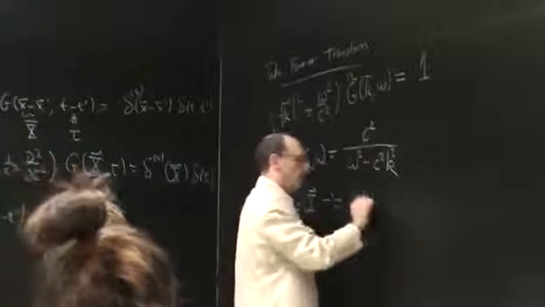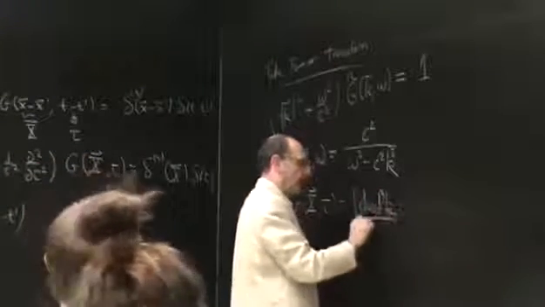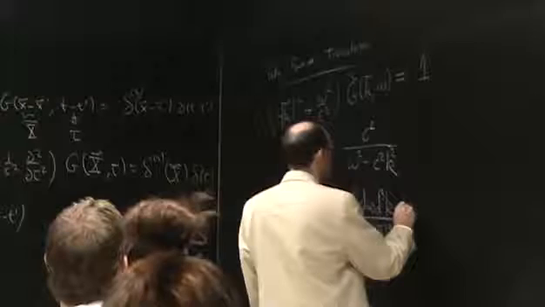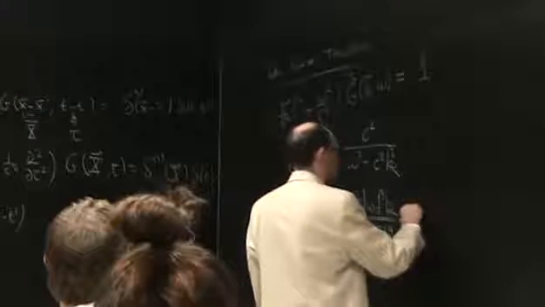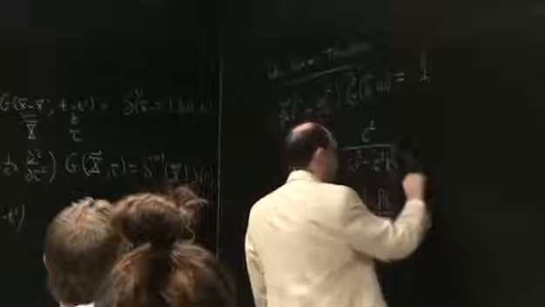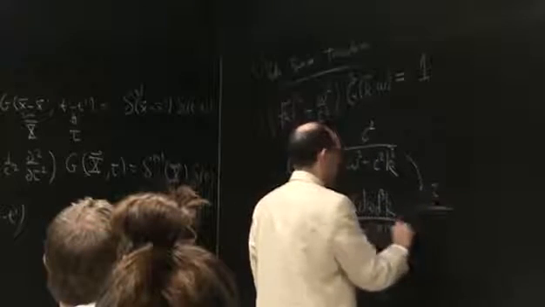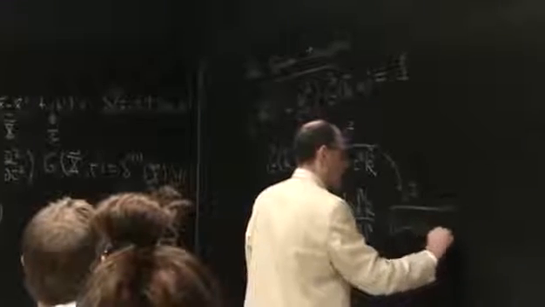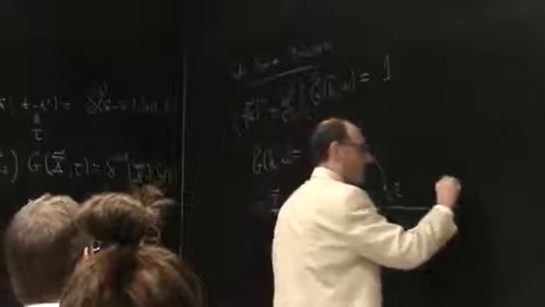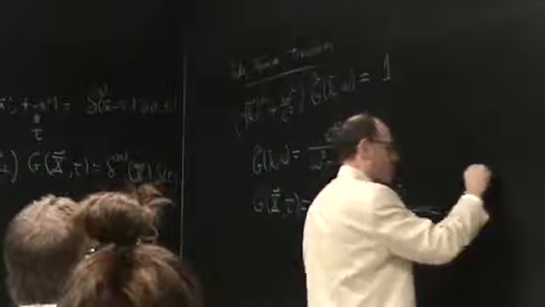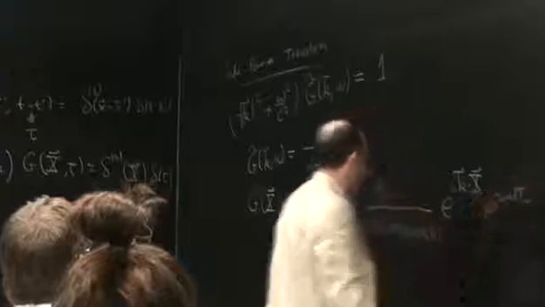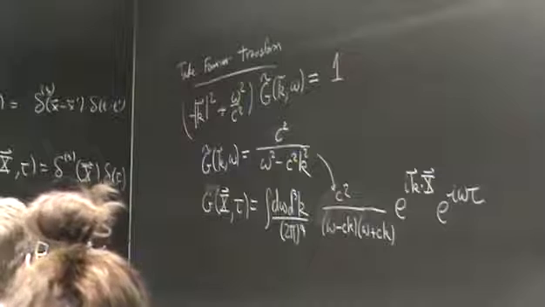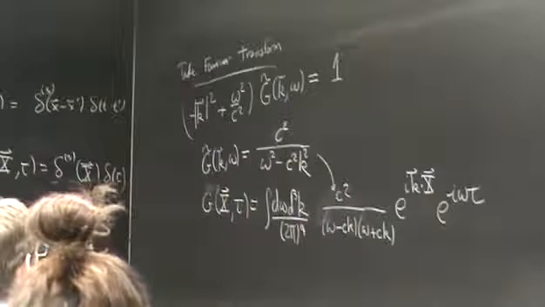I can integrate over omega, integrate over k. I have a 2 pi for each of those. Plug in this expression. C squared, I'll write it this way. And now we just have to do that integral. How are we going to do that integral?